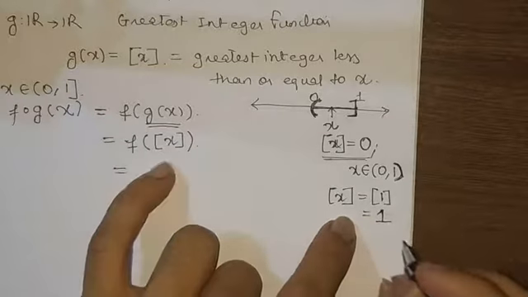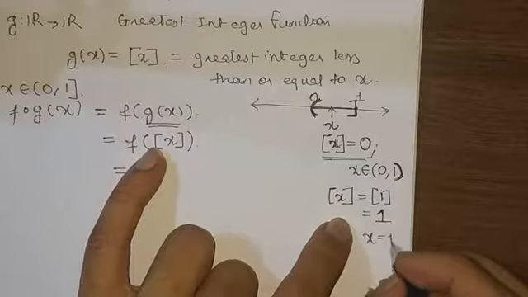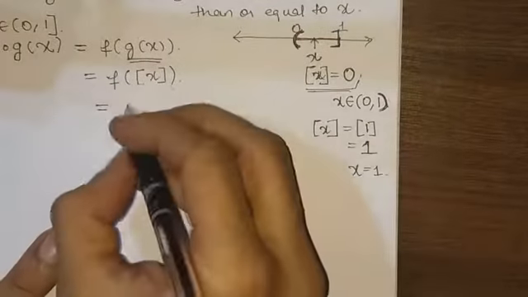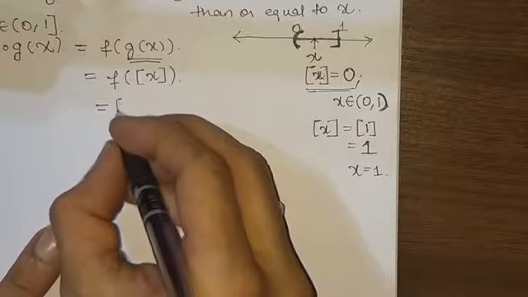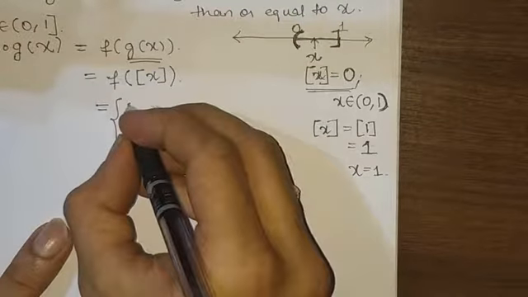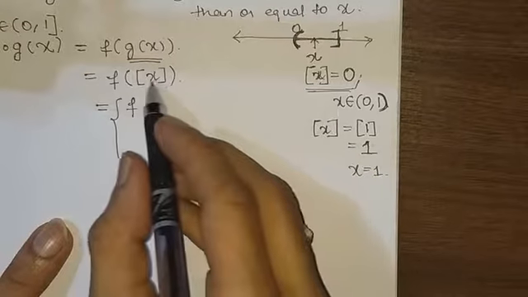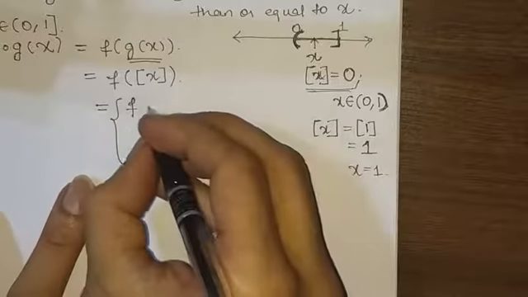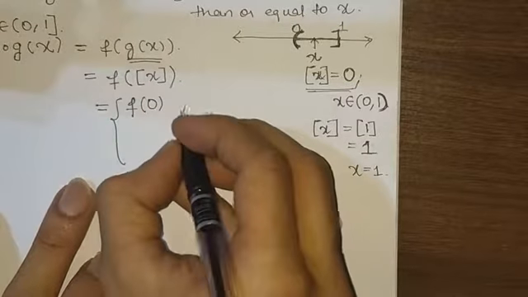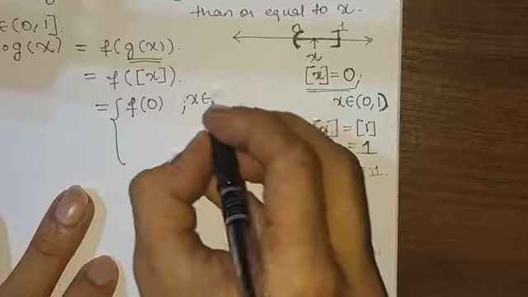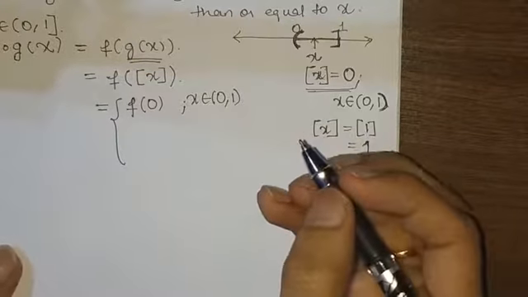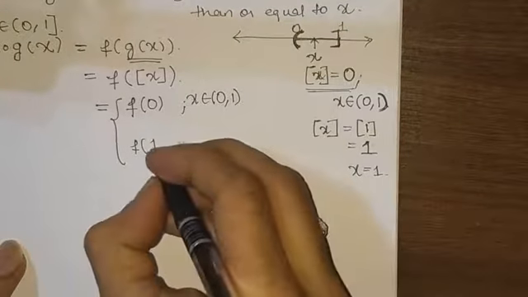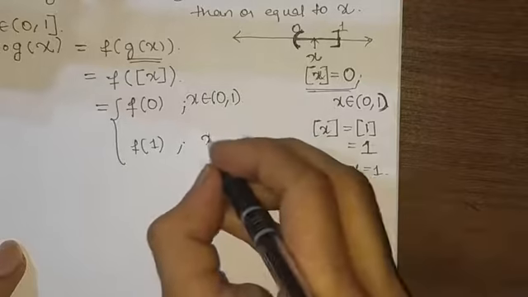So you will get this. Now this is when x is equal to 1, right? So there are two conditions that you get. That is f of the greatest integer of x, that means 0 when x belongs to open 0 comma 1, and f of 1 when x is equal to 1.